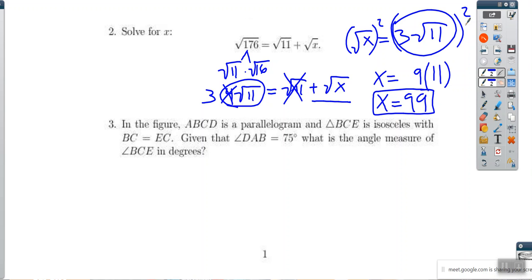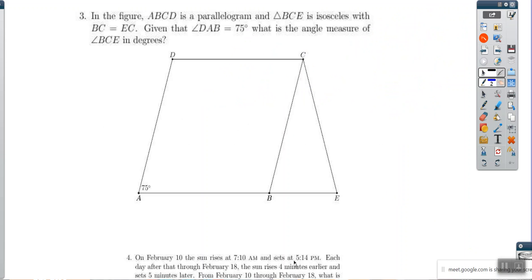But the trick on that one is realizing that you need to break this apart and going from there. Let's go. In the figure ABCD, ABCD is a parallelogram, and triangle BCE is isosceles with BC equal to EC.